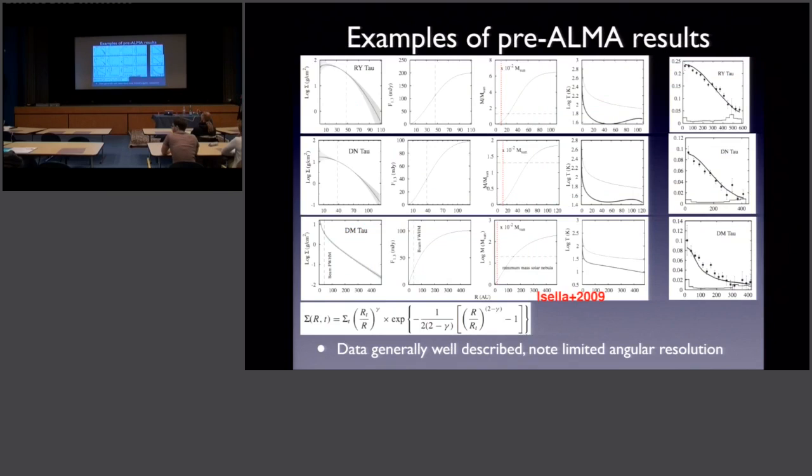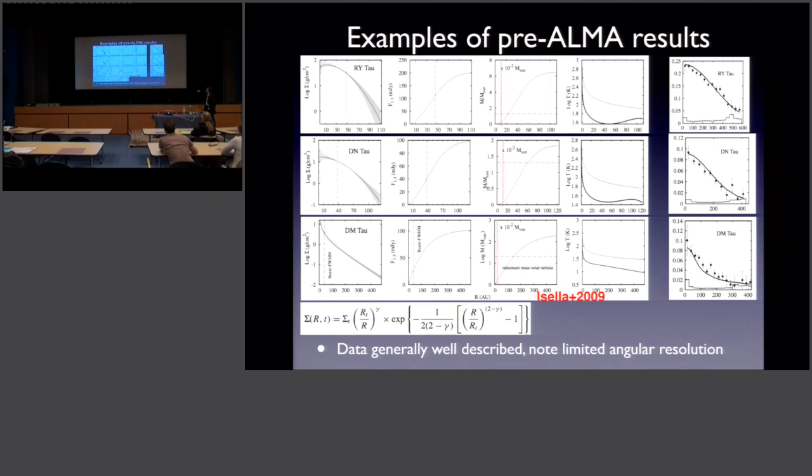So these are the data for 3 representative disks in Taurus taken from observations pre-ALMA, okay? In this particular case, with the CARMA array at 1 millimeter, you have the real part of the visibility as a function of the baselines on the UV plane.